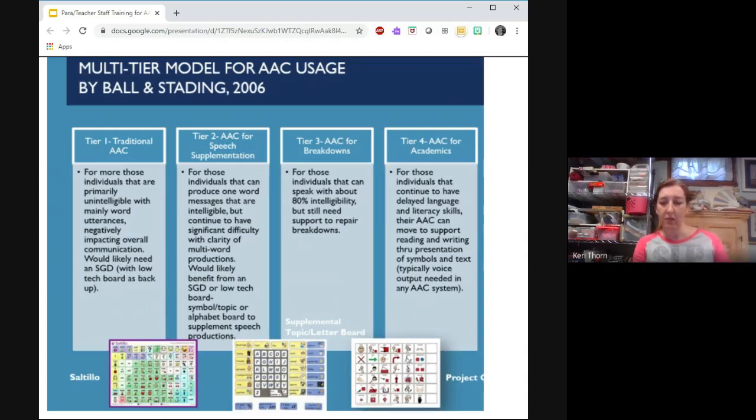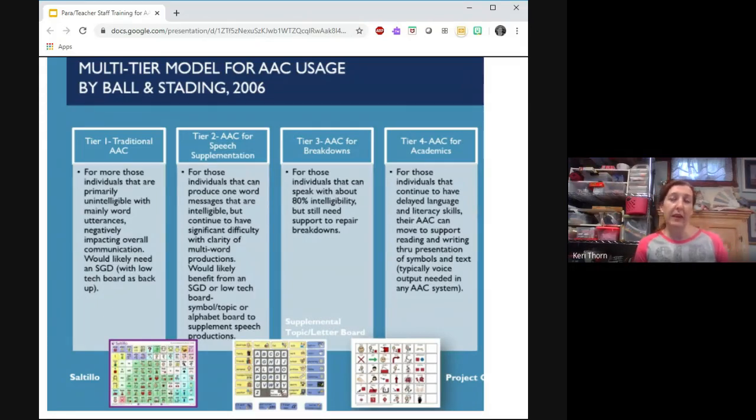They have no ability to speak, and this is going to be their option for speaking. The second tier is the supplemental. Again, these are the kids that have a little bit of speech, or what speech they do have is really unintelligible. Because it's so unintelligible, they need something to supplement their communication so that people can understand them.